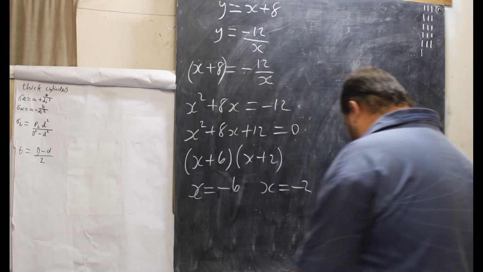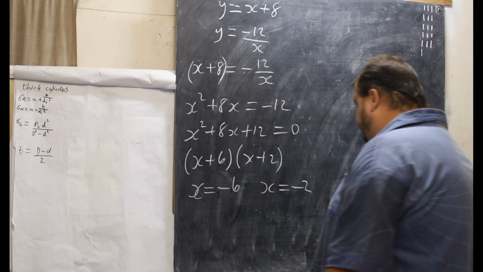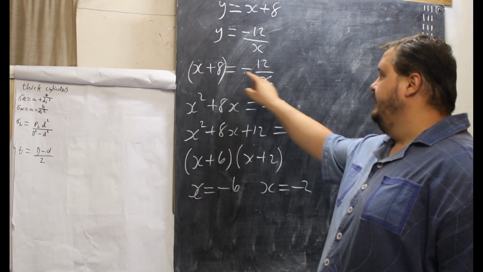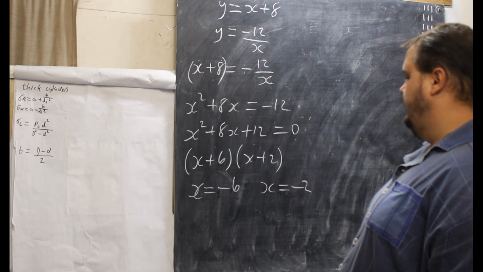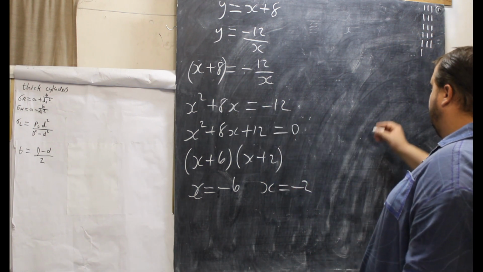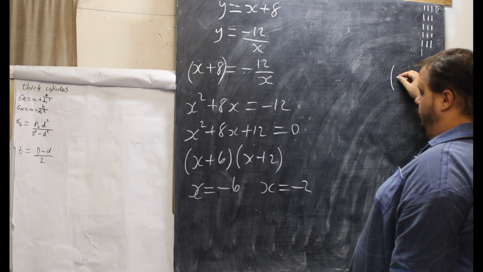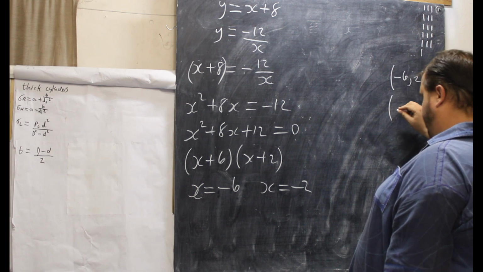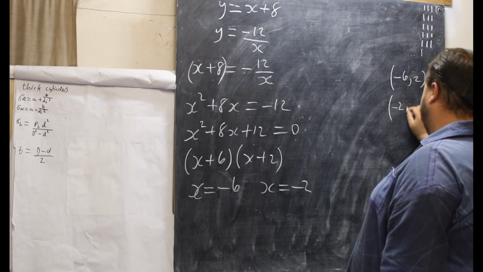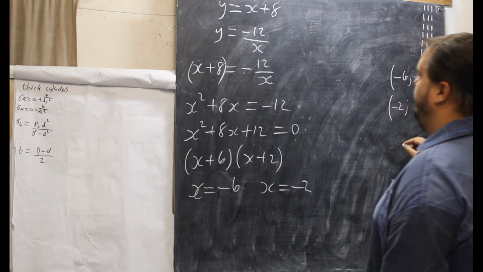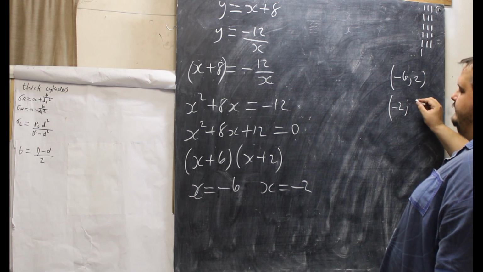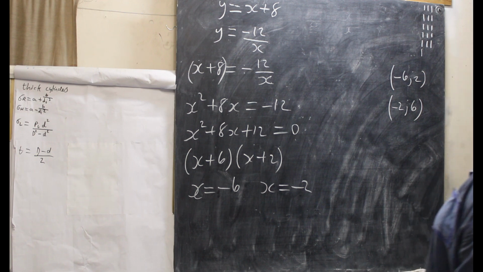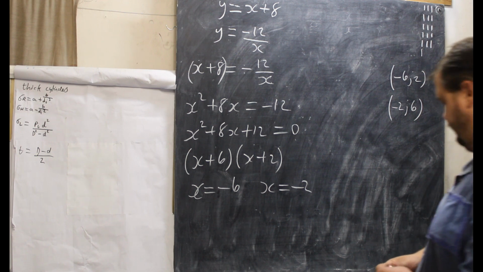Now, the next step is we put these into any one of these two equations. So, minus 6 plus 8, so our borders are minus 6 and 2, and our points of intersection are minus 2 and 6. Those are our points of intersection.